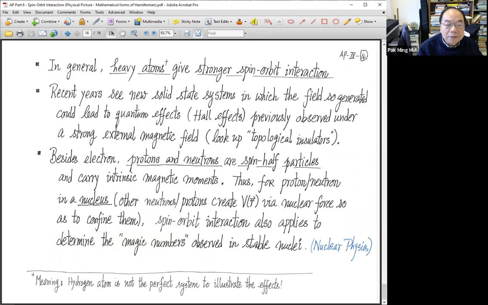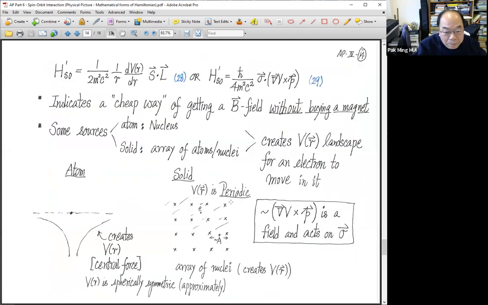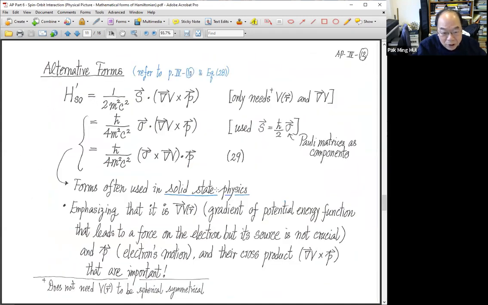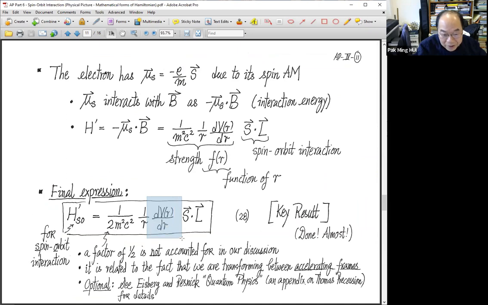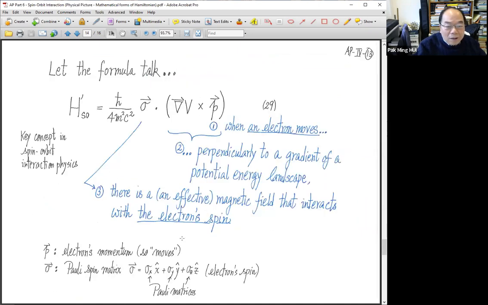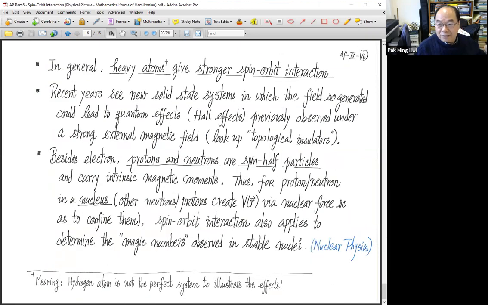Last comment on this spin-orbit coupling Hamiltonian. Because of this dV/dr term, we realize that if the potential energy varies very rapidly, that will be equal to a bigger internal field.